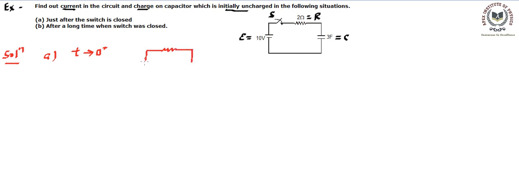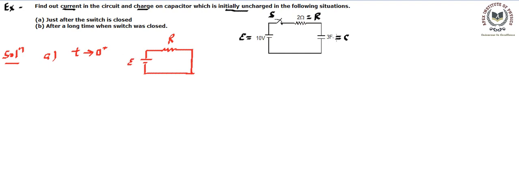I'm just trying to draw a picture of the circuit when the switch is just closed. Roughly this kind of circuit we can think of. Here this is R and this is E.